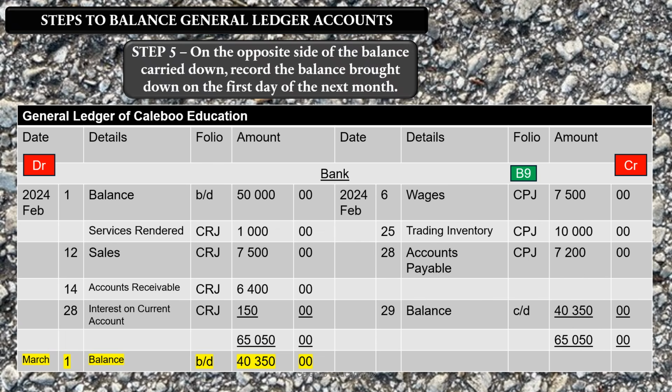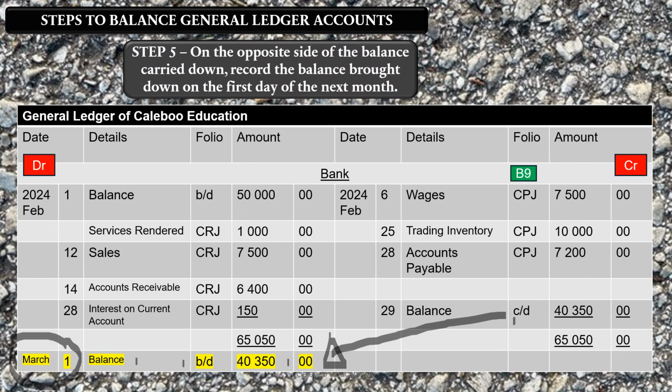We need to, on the opposite side of the carry down, write down the balance brought down on the first day of the next month. So March the 1st, the balance brought down is 40,350.